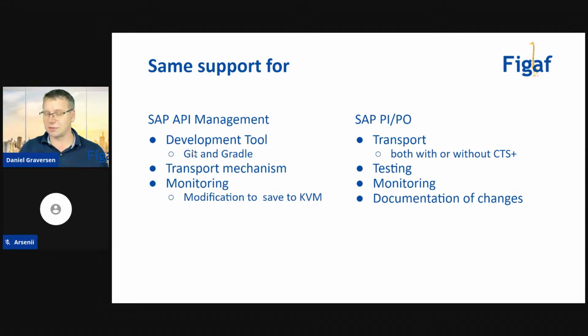We have the testing functionality where you can create mocks and test these things. You can take test cases where you have collected, for instance, data from your productive PI system and use them for migration purposes on the CPI platform. You can always document changes and see who has made changes to which object at what point in time.